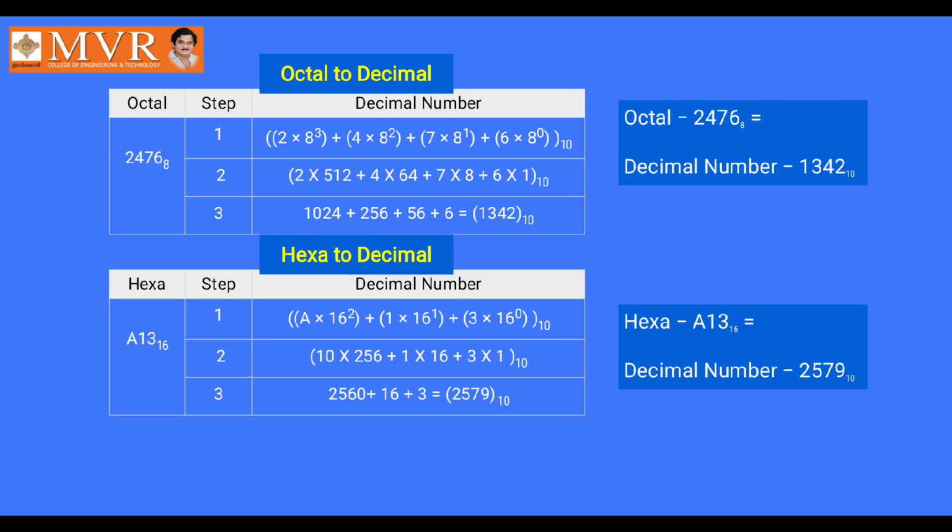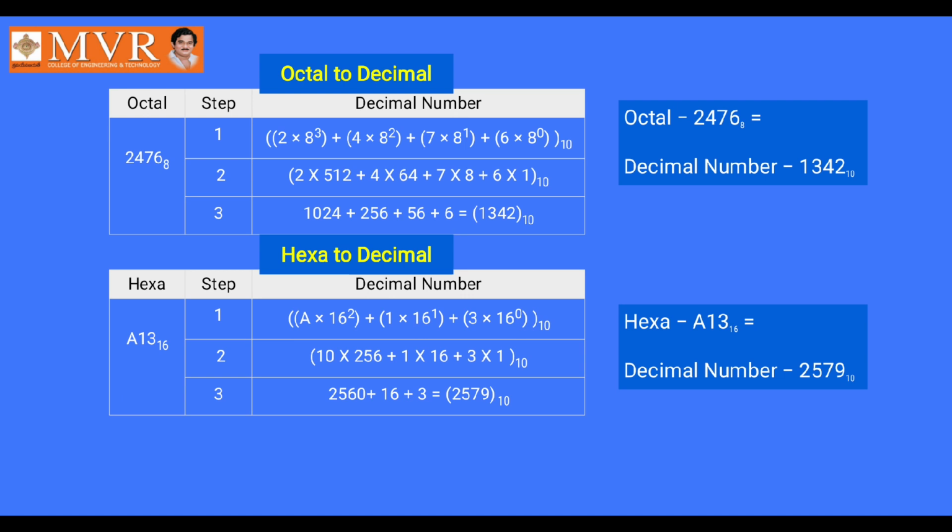The next example is hexa to decimal. You take the hexa number A13. A is allowed. A13 is a hexa number, base 16. Here 3 is in the 0th position, 1 is in the first position, A is in the second position. So A into 16 square plus 1 into 16 power 1 plus 3 into 16 power 0. What is the value of A in general? A is equal to 10, I told you.